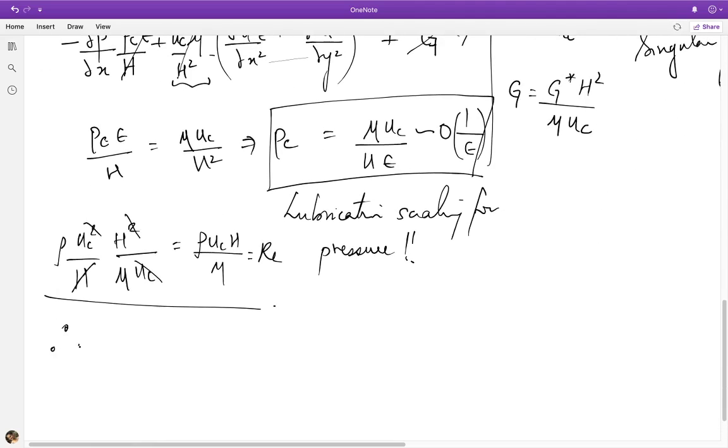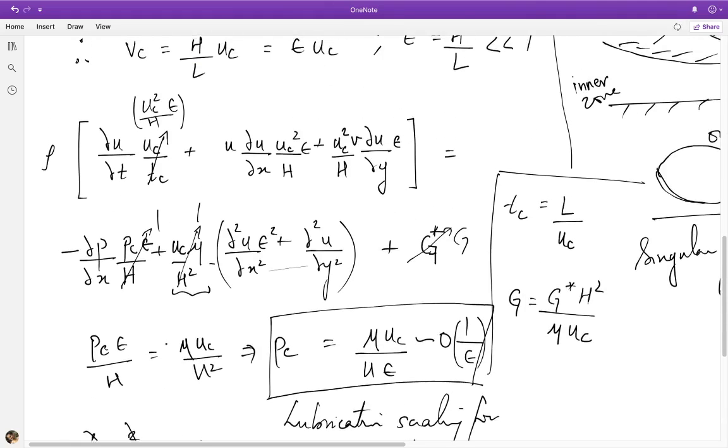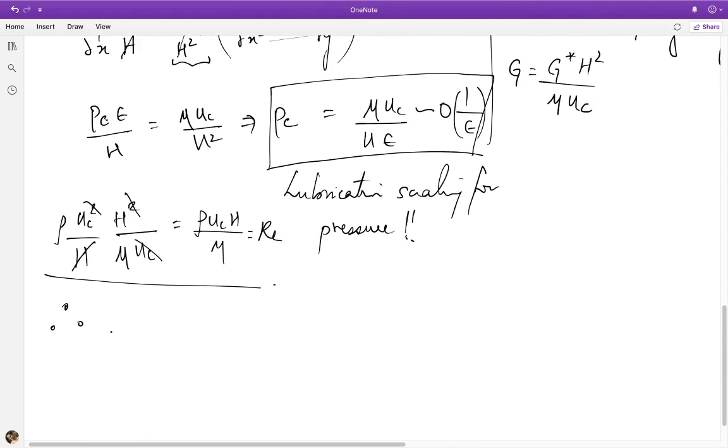Right, so therefore my scaled momentum equation is going to be the following.